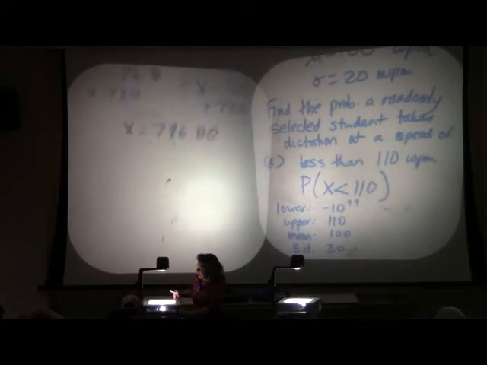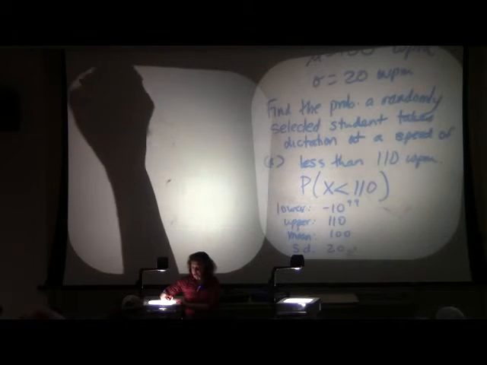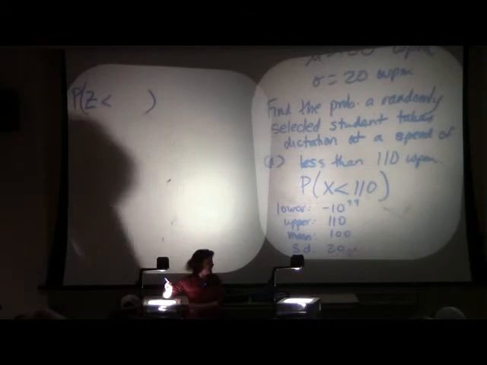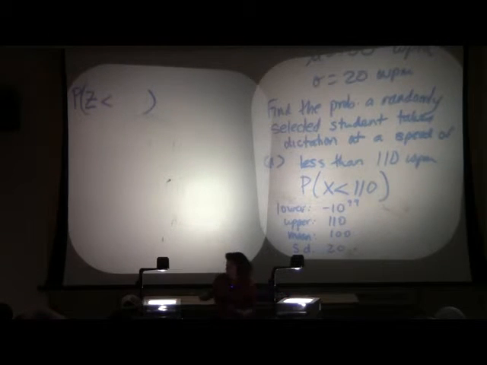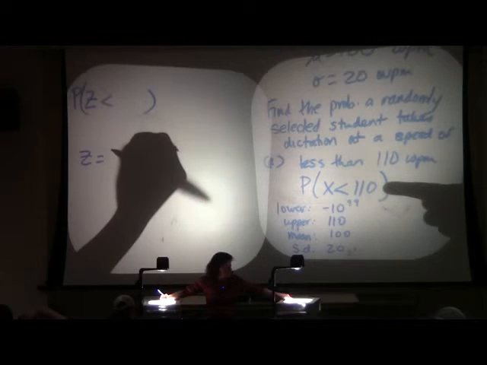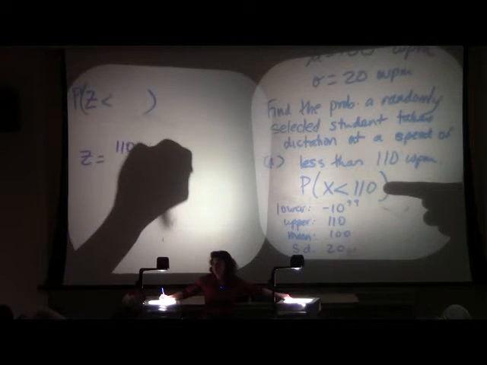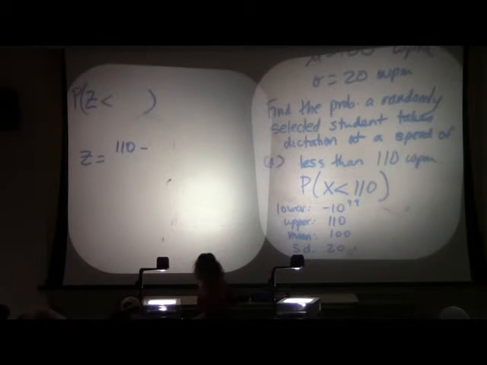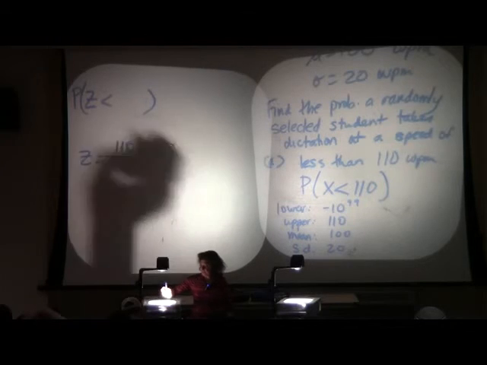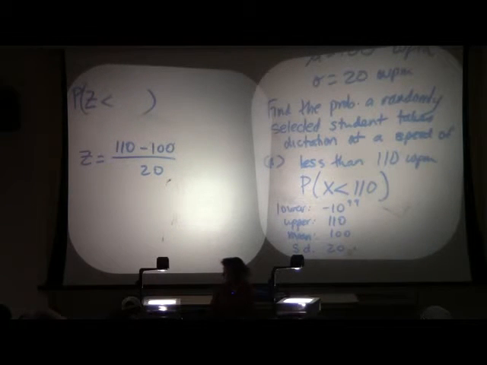Okay? Those of you guys with my type of calculator, I need to find my corresponding z value. So, I say z equals x, isn't my x here 110, minus my mean, which is 100, over my standard deviation, which is 20. You with me here? Do you see how this is the same as what we just did?